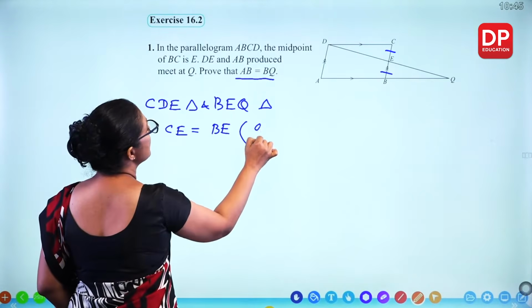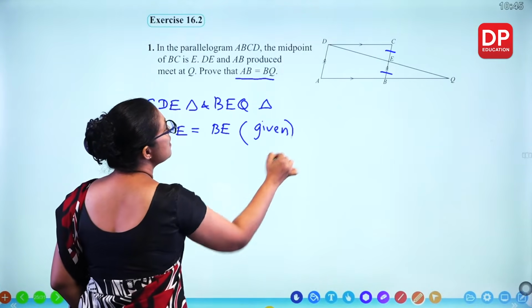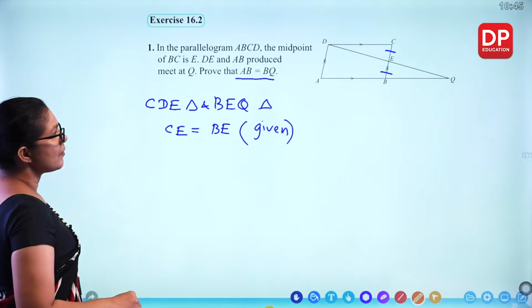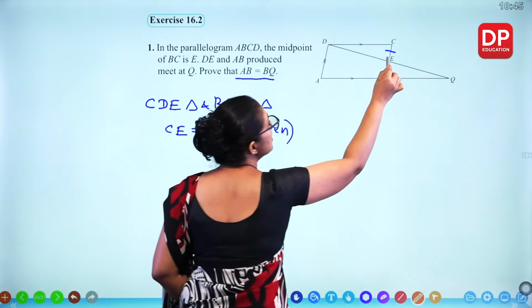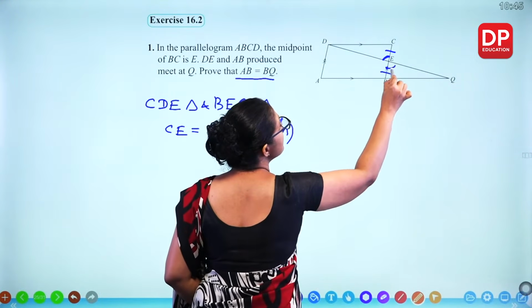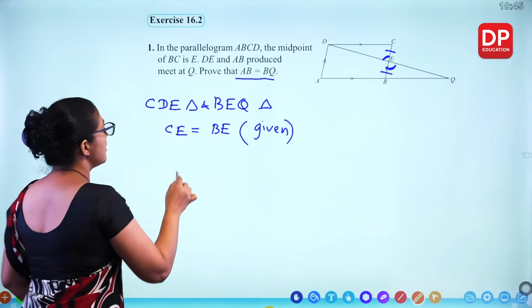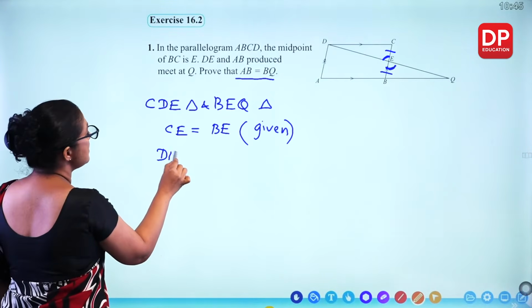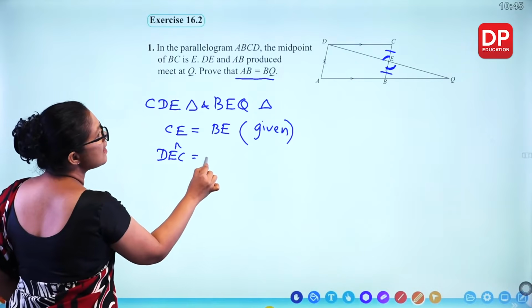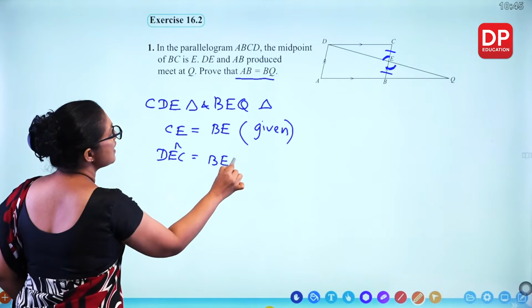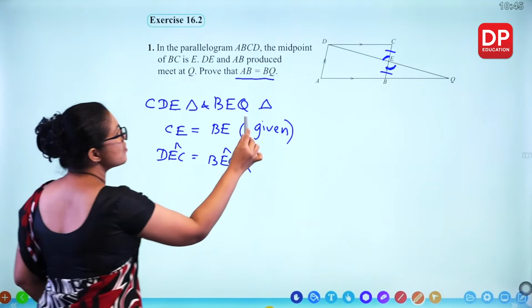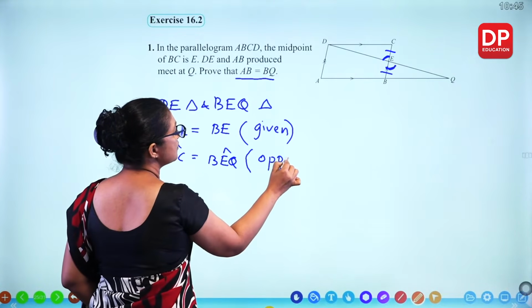That's given as midpoint. And also, this angle is equal to this one. DEC angle is equal to BEQ angle. Those are opposite angles.